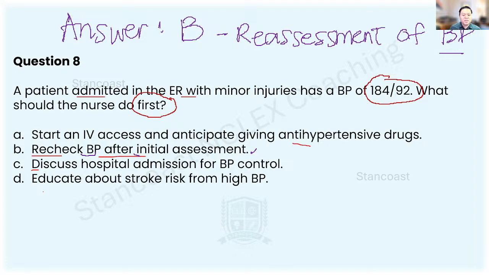If you're answering start an IV access and anticipate giving antihypertensive drugs, well, this is not really necessary based on the high initial reading, but it can potentially happen. And remember, guys, that this is possibly a patient that might be so stressed, right? And so potentially their blood pressure spike is caused by the high stress level, okay? So make sure that you are doing the reassessment first before doing something else, okay?